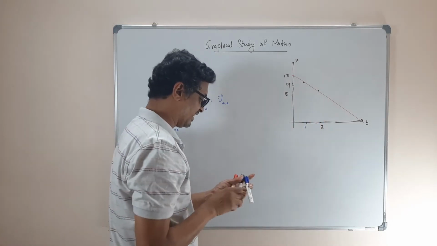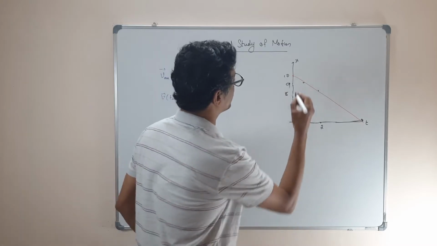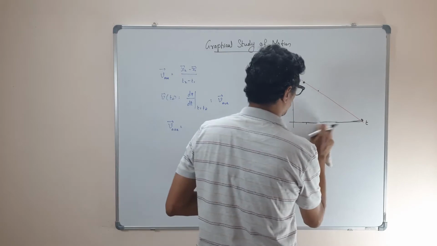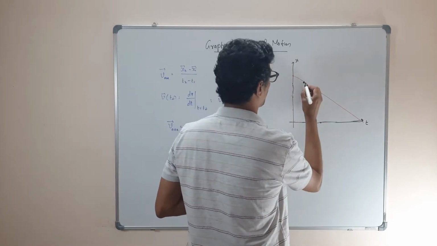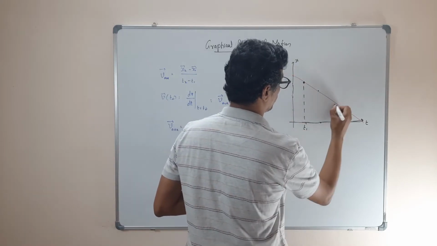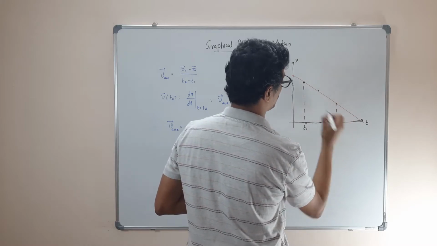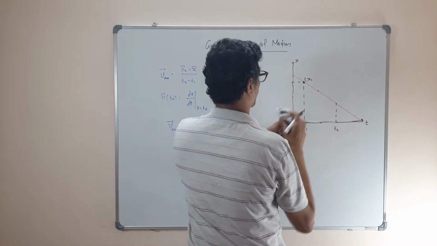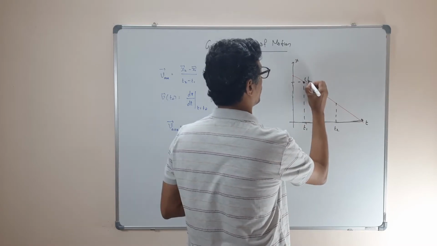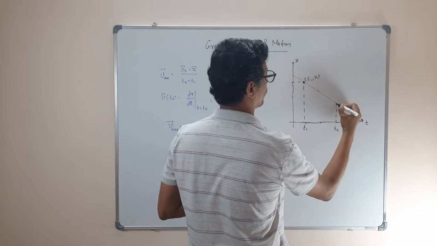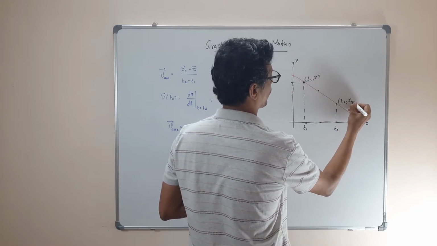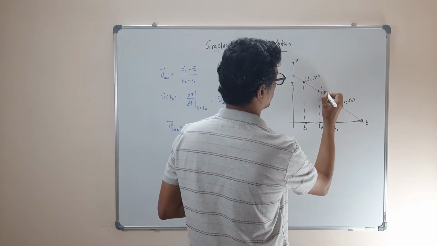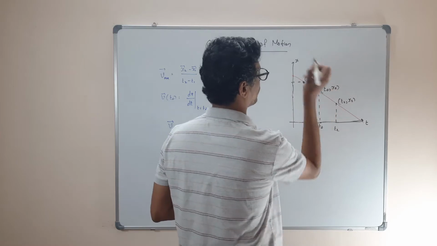Okay, so now let us see here. So what are the points here? Tell me. Let me do it again. Let me take out the 3 points. Let me call this T1 and this T2 and this X1, sorry, T1, X1 and this will be T2, X2 and maybe at a certain T0, we will have T0, X0.